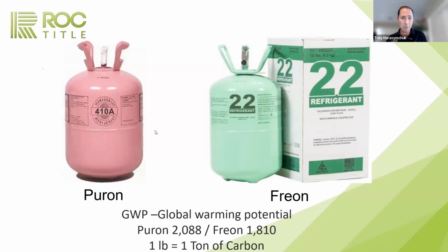I want to talk a little bit about Puron. I think my screen's kind of blocking this. So the latest and greatest and the best, the solution to everything was Puron. That's what they thought. But then they started realizing that Puron, yes, is maybe not so bad on the ozone layer, but it actually has a much higher global warming potential. And so I have this right here. It says 1 pound of Puron or 410A is equal to 1 ton of carbon going into the atmosphere when it leaks out.